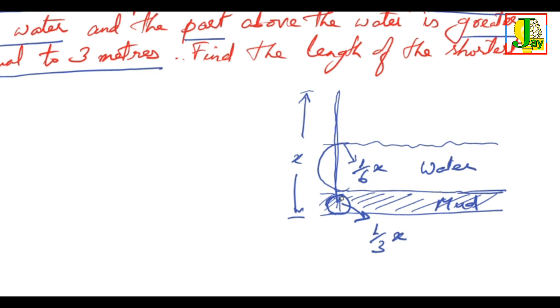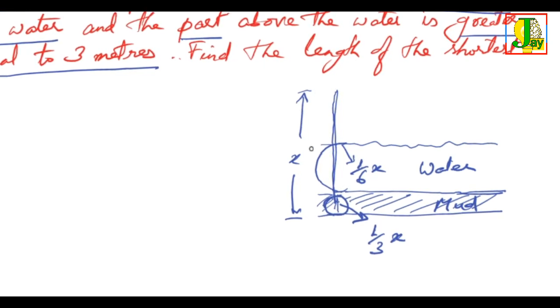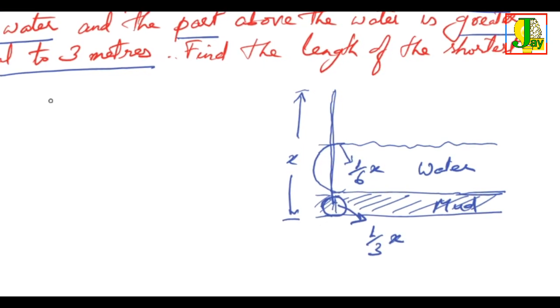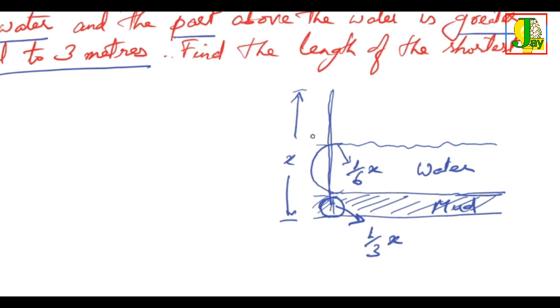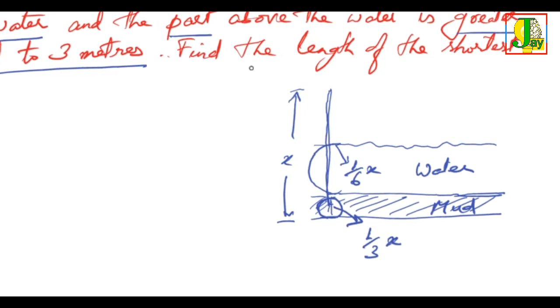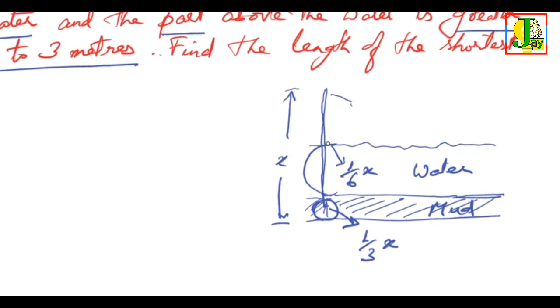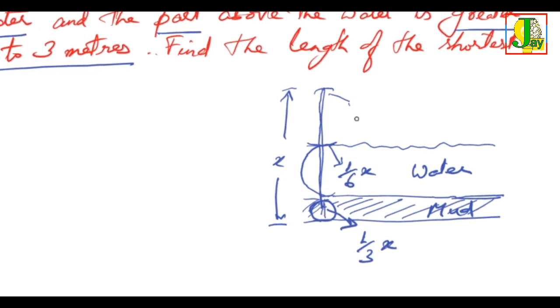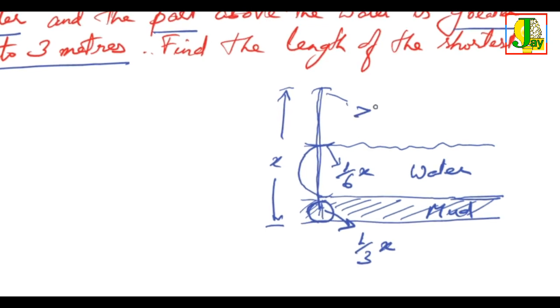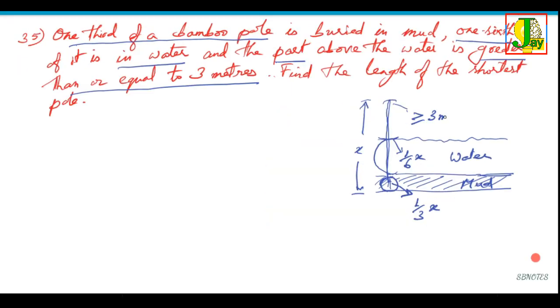The last part, above the water, is greater than or equal to 3 meters. Now you have to first form the inequation, then solve it and find the length of the bamboo pole, that's x.